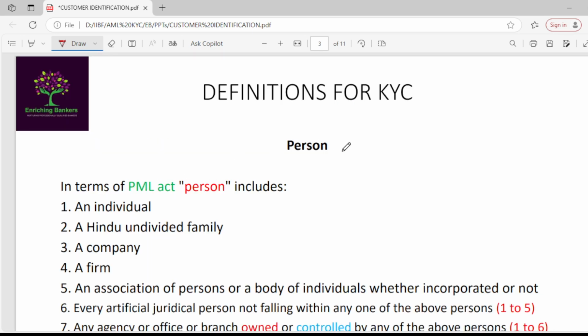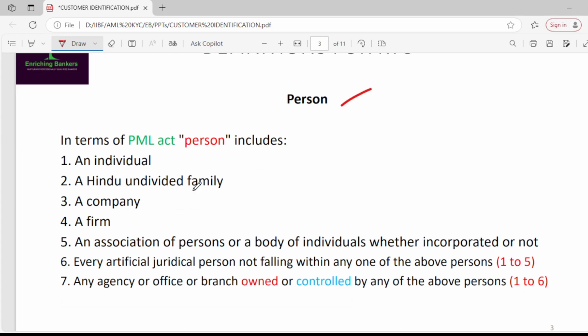Second word is person. In terms of PML Act, person includes, earlier customer was defined by RBI, here person is defined by PML Act.